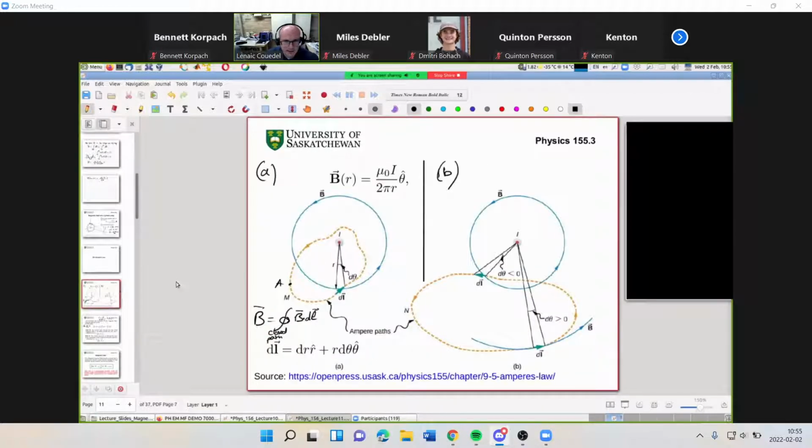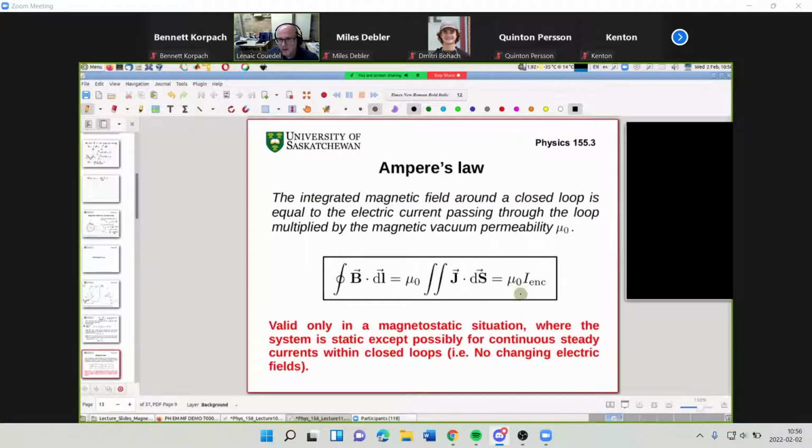Okay, so in this example, we had one wire, I. But if you have many wires, for example 3 wires that have the same current I, you will obtain mu 0 times 3 times I. So you can see already the similarity with Gauss's law.